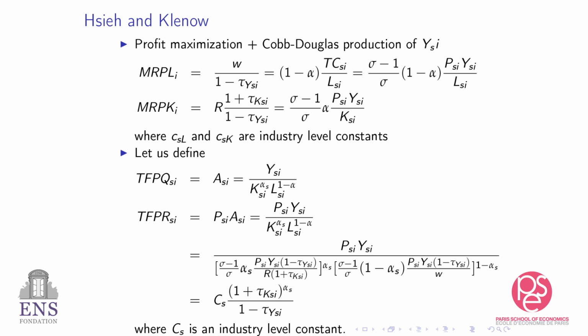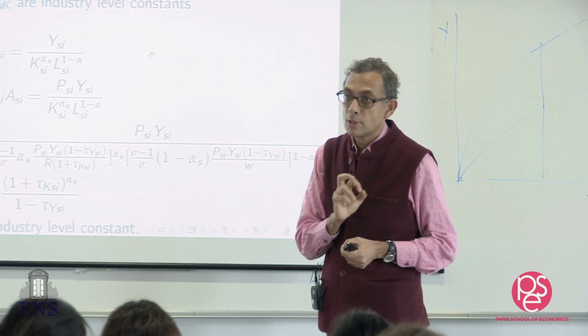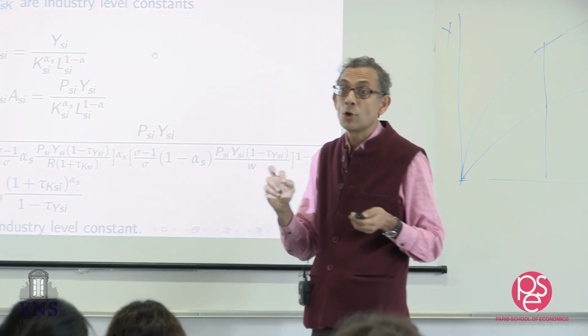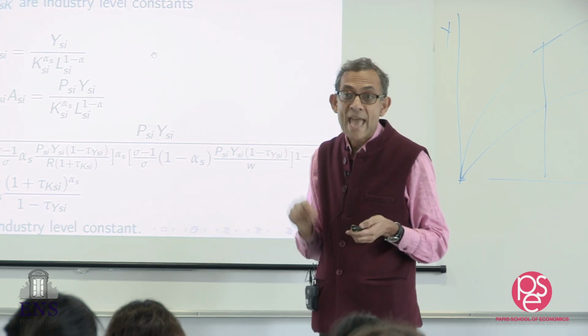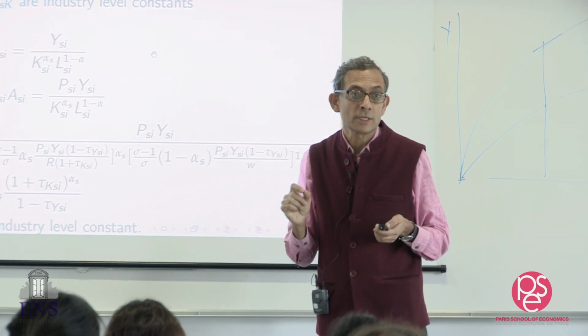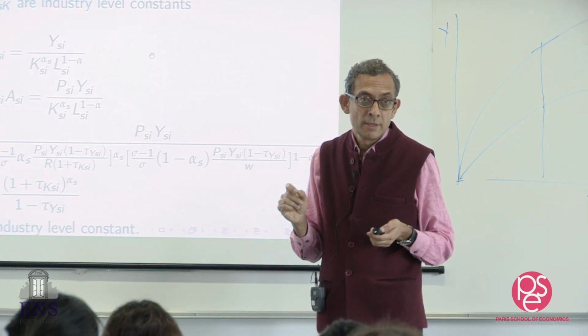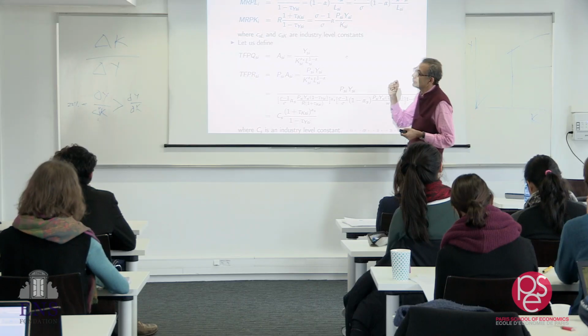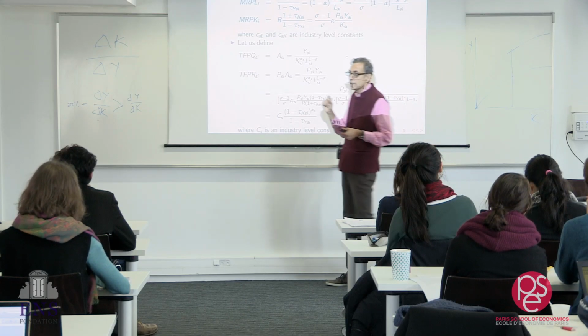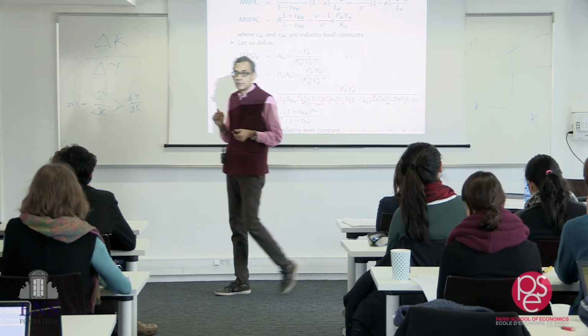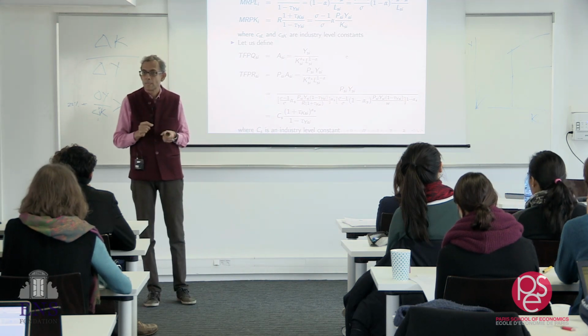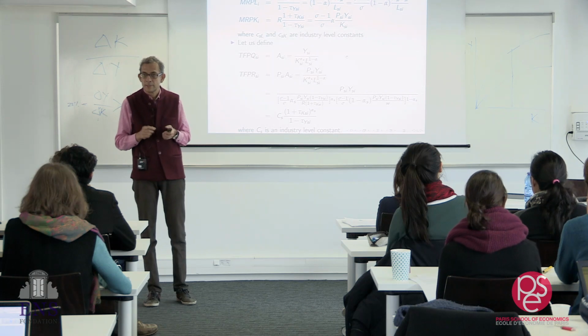Here's what very much comes from the Cobb-Douglas assumption. Remember, the production function for individual firms is Cobb-Douglas in capital and labor. The Cobb-Douglas assumption gives you the fact that the average product is proportional to the marginal product. That's what Cobb-Douglas does.